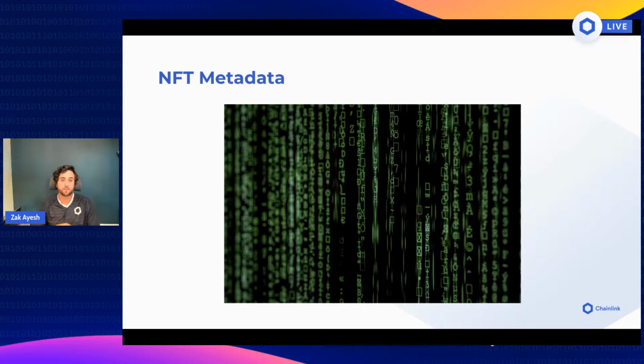A little bit of information on NFT metadata. It's really important to understand how metadata works with NFTs. NFTs, you usually think of as an image or a graphic and a bunch of attributes associated with it. That image and those attributes are the metadata. Storing things on blockchains like Ethereum can get very, very expensive very quickly with increasing data size.